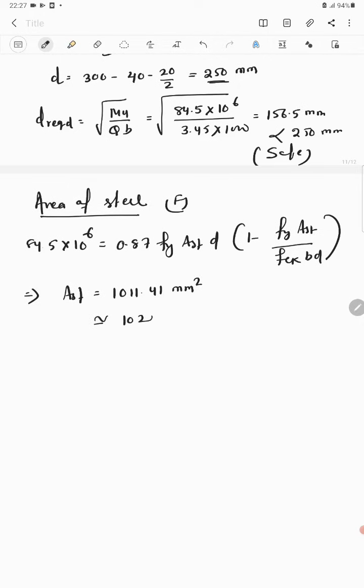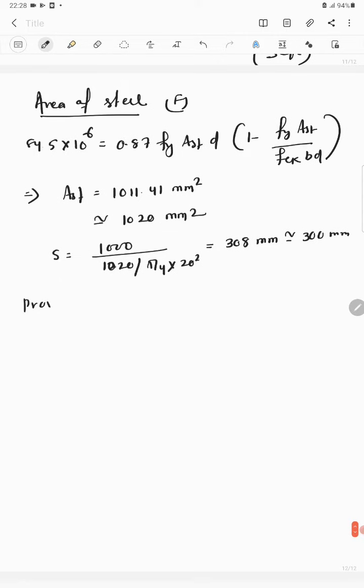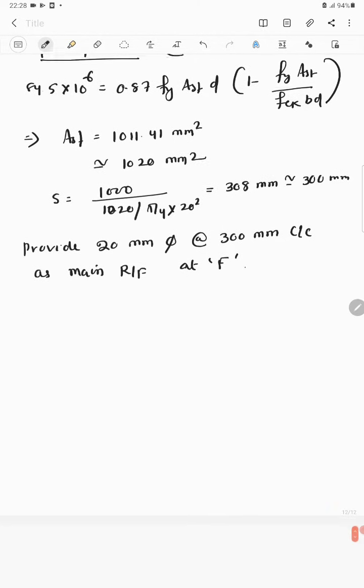So let's take round figure. Now you can calculate the spacing for 1 meter width. This is coming 308, so let's take 300 mm. So provide 20 mm dia bar at a rate of 300 mm center to center spacing as main reinforcement. This is at F, center of bottom slab.